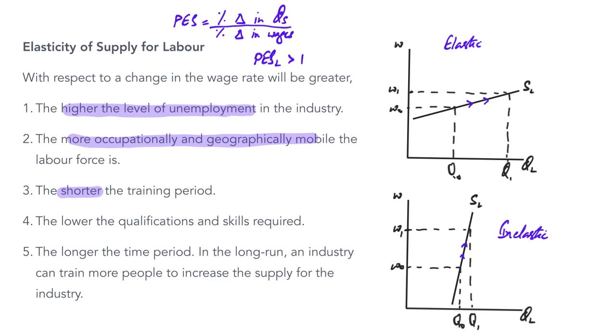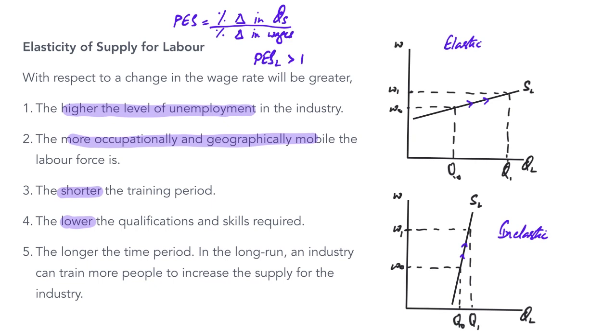Number four is about the qualification required. If something does not require serious qualification, then the supply tends to be high. For example, in chartered accountancy, to be a chartered accountant, you need a proper ICAP degree. But if you are doing basic accountancy, then you can simply do ACCA.